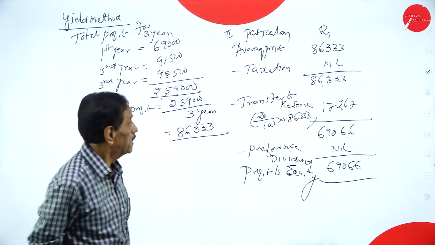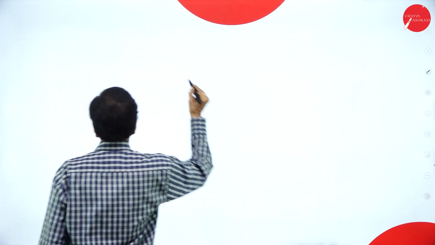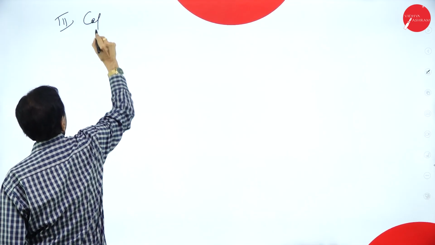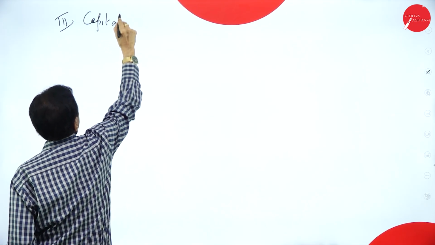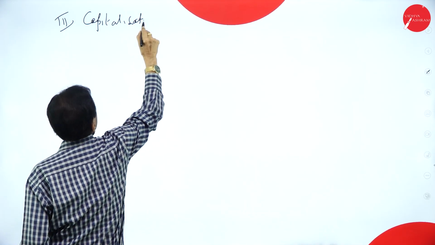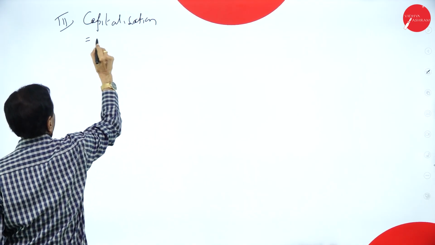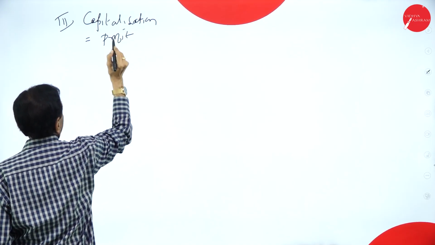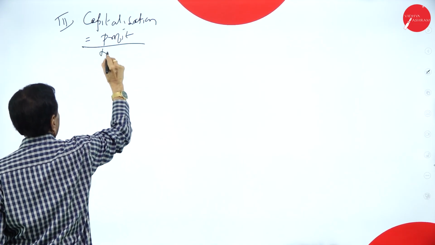Last step, third step. Capitalization of profit: profit divided by normal rate of return.